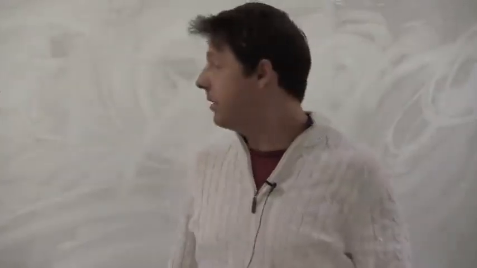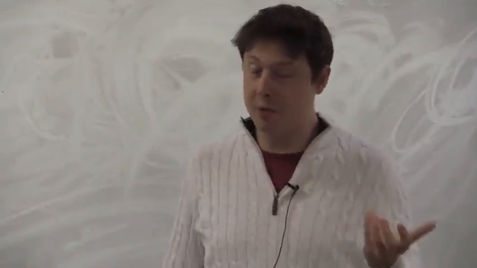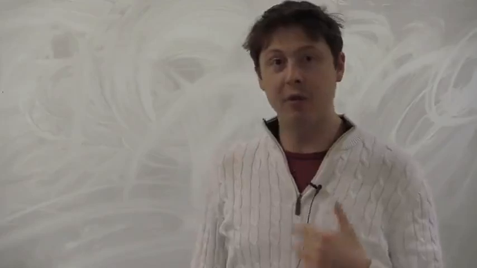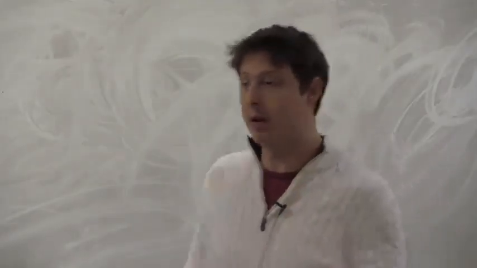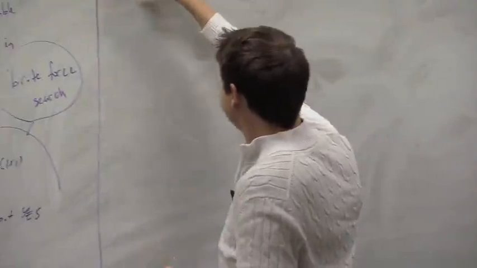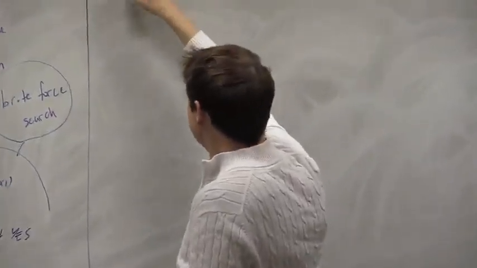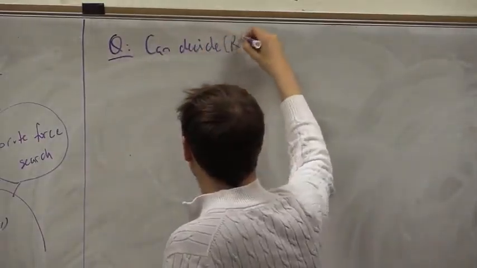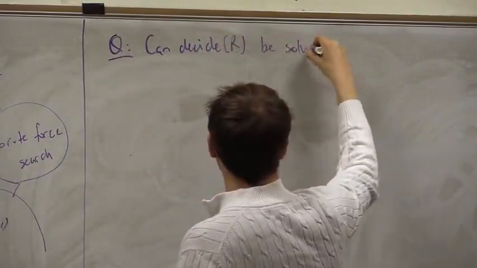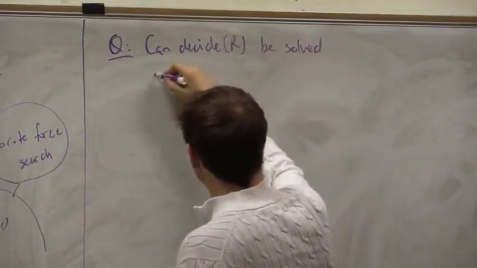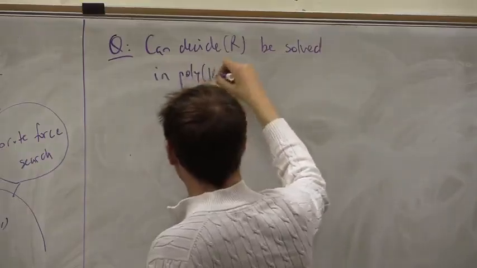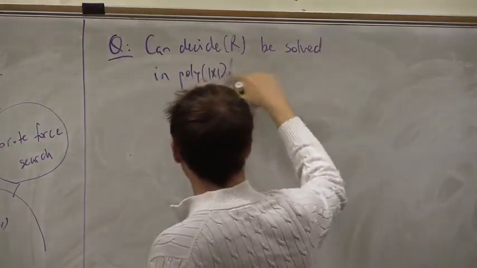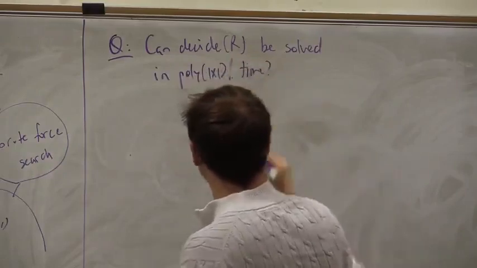I always have the option of enumerating all possibilities. This is to say that, yeah, enumerating all possibilities is a possibility. And we typically try to avoid that, and we want to come up with a poly X algorithm, okay? So we want to understand the question of, can the decision problem for R be solved efficiently, which means in poly X time, okay?